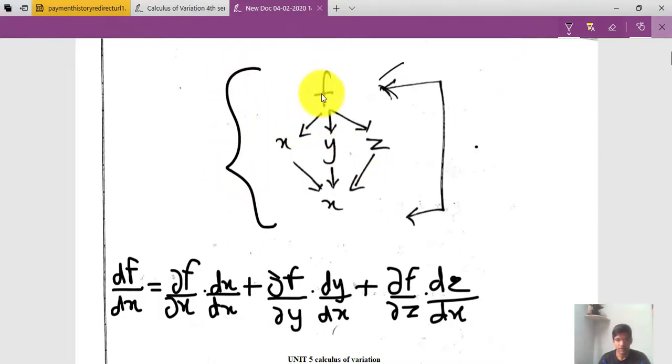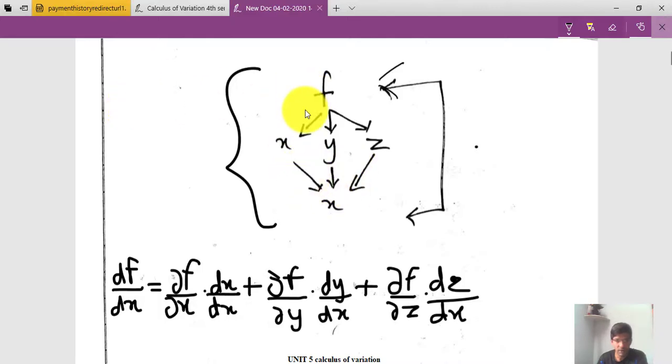If I want to take the total derivative from f to x, f is associated with how many variables? From here to here, it is only one variable, and this complete thing I need to find the total derivative of, df by dx.